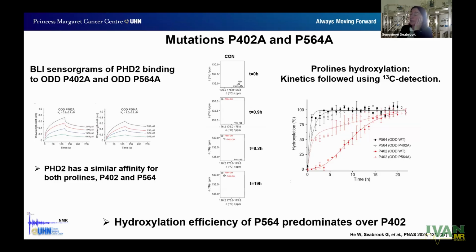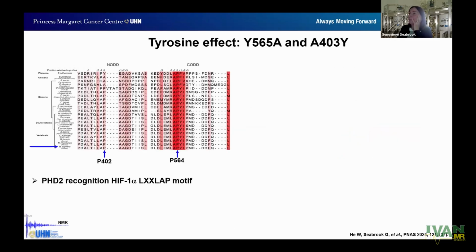So the question was, why is this happening? I guess it was known that this enzyme, PHD2, had a recognition motif like leucine, XX, leucine, alanine, proline. If you look at the two sites, you can see it's pretty much conserved among species. So you do have the recognition motif on both sites.